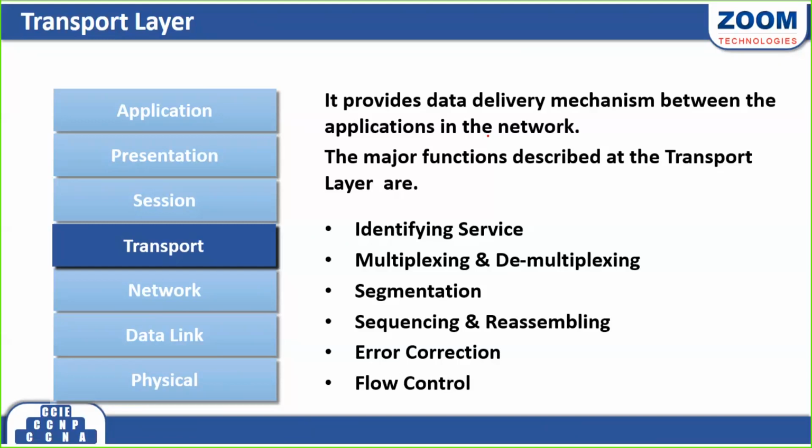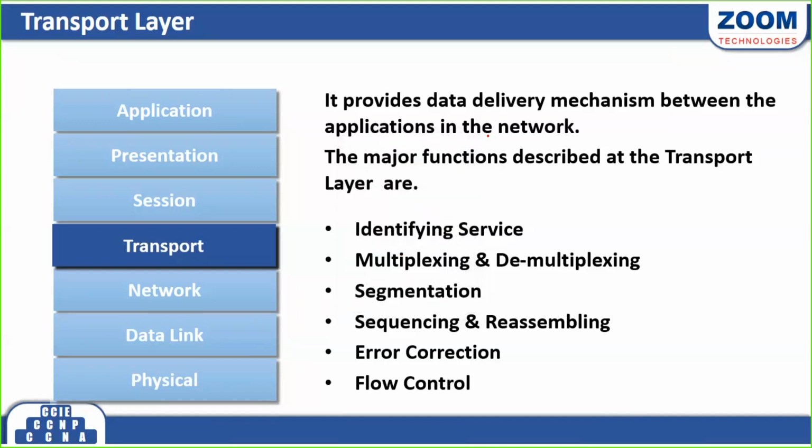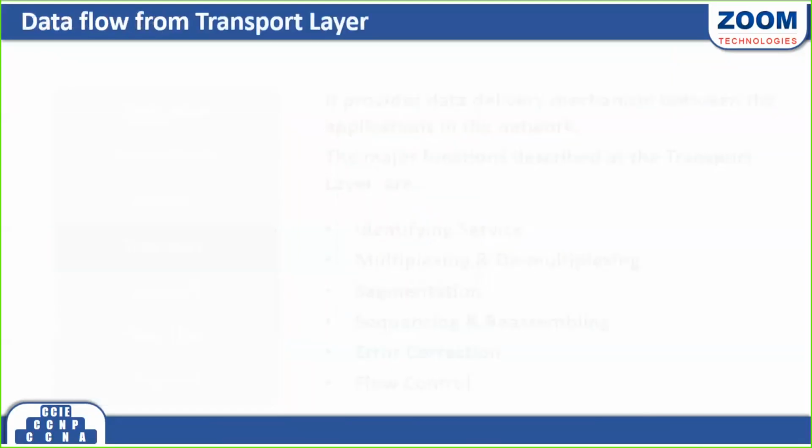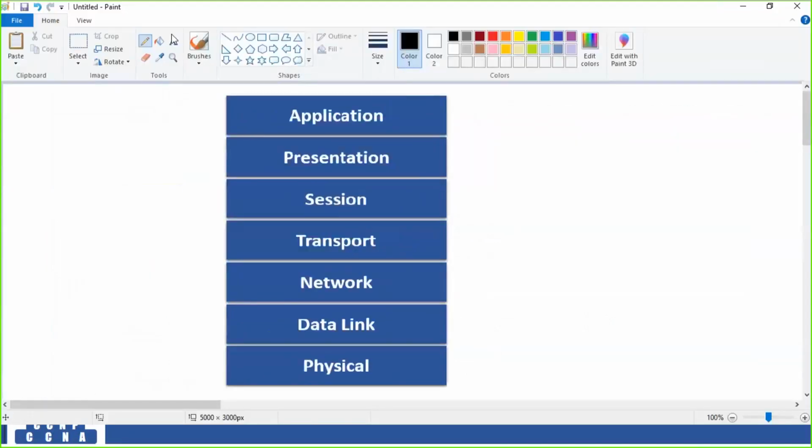So like this, the transport layer works, and from today we'll continue with the bottom 3 layers, which is the network layer. So where is data generated? The application layer.